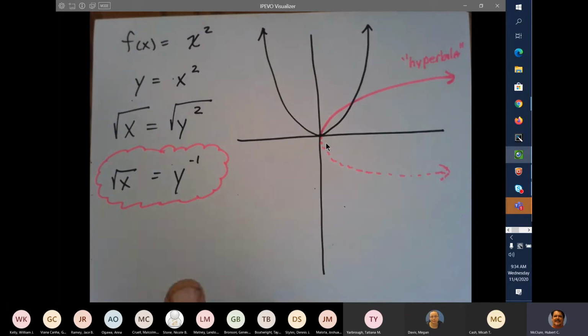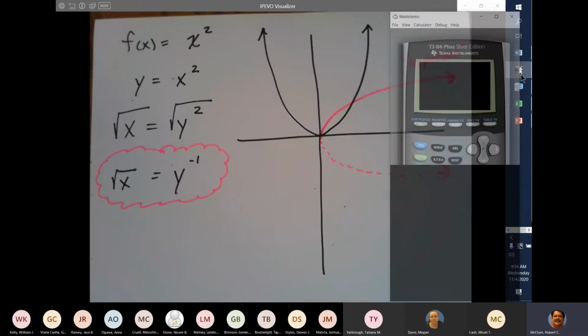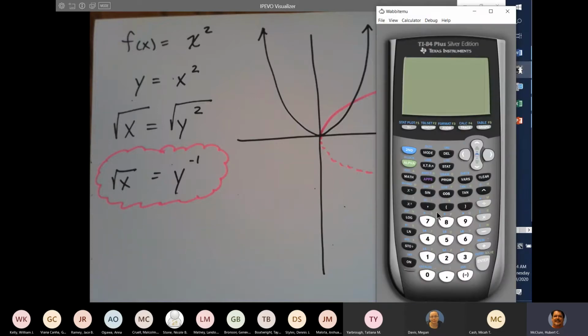Now, one other thing that you might want to look at, well, it just left me. Oh, is the values as they go up, what happens here. So let's go back to the calculator. And that's again why I said 6.1 and 6.2 was a lot of calculator work.